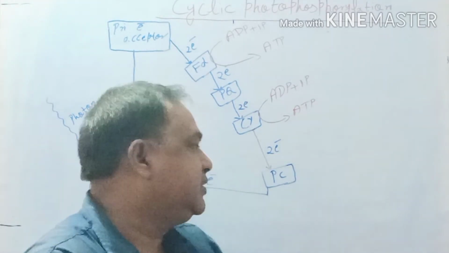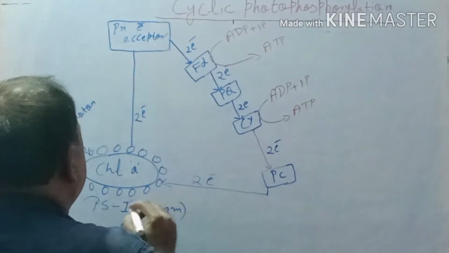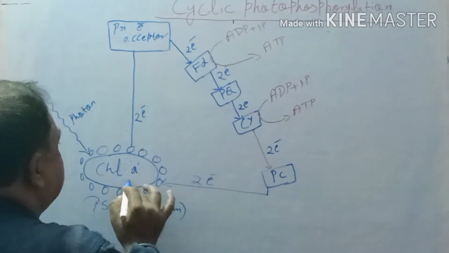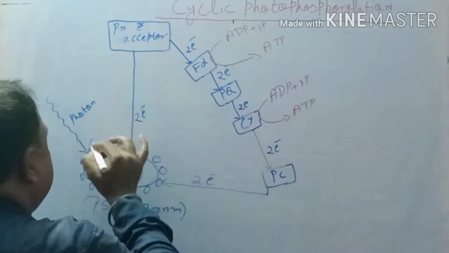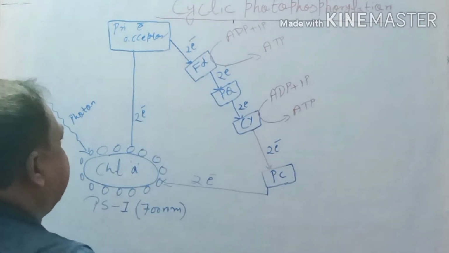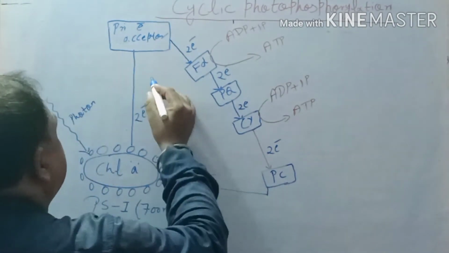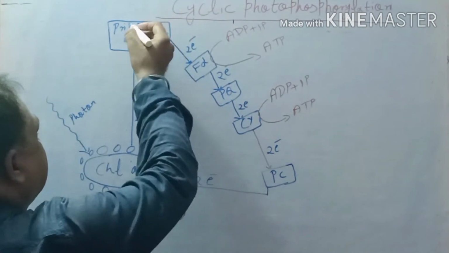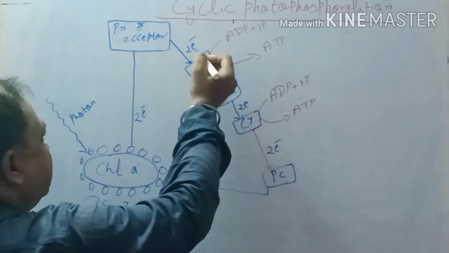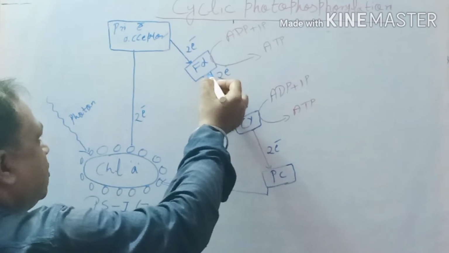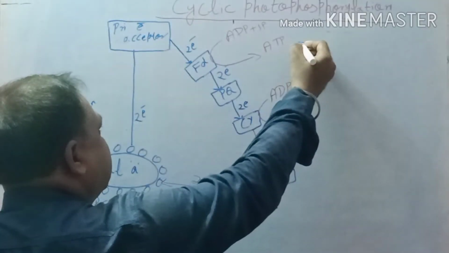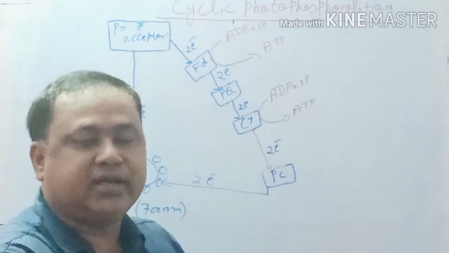It is the process where, first of all, after the incident photon excites the surface of the reaction center, that is chlorophyll A, the pair of electrons is released and accepted by the primary electron acceptor. Then the pair of electrons goes to ferredoxin, where at first ATP formation, that is photophosphorylation, takes place.